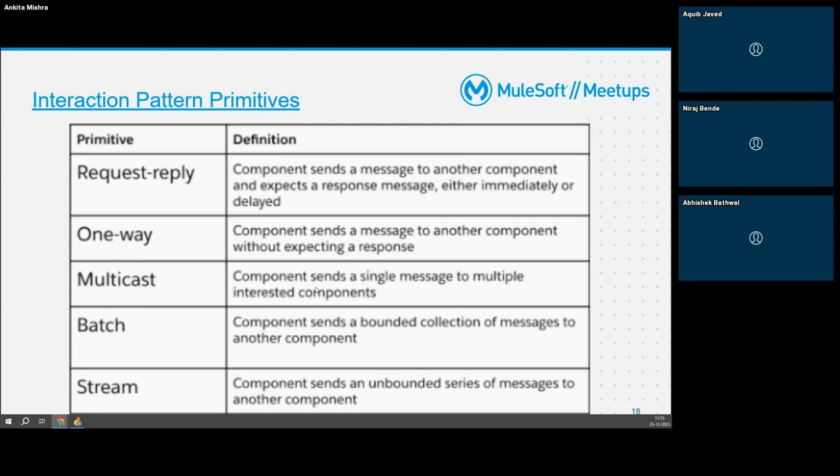Next kind of pattern is batch processing. A component sends a bounded collection of messages to another component. For example, let's say there are two systems, and you want to migrate your data from system A to system B. Imagine that, hypothetically, there are 1,000 records in system A that you want to move to system B. Either you can handle each message independently and separately, so you'll have to do that 1,000 times.